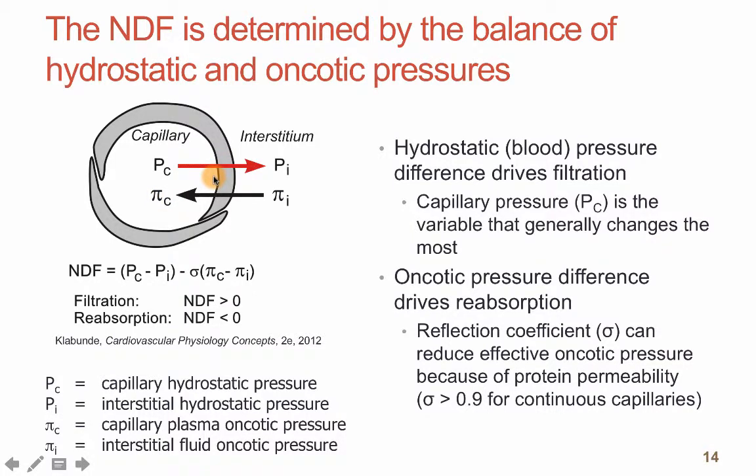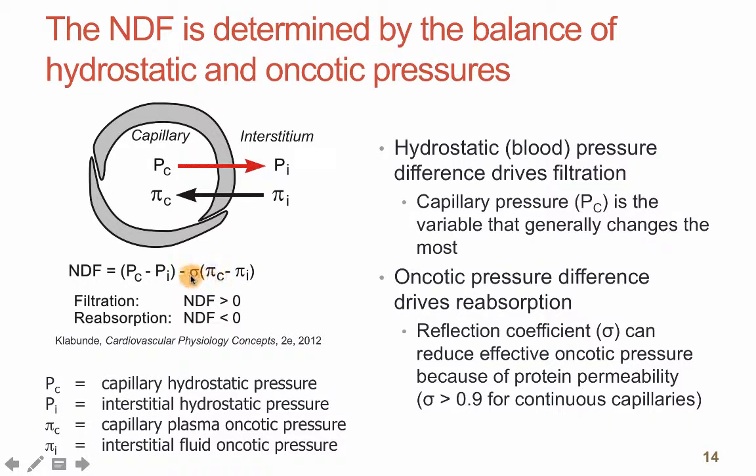So the net driving force for fluid movement across the capillary is very simply the difference between the hydrostatic gradient, P sub C minus P sub I, as shown here, minus the oncotic pressure gradient, which is pi sub C minus pi sub I. Now neglect the sigma just for a moment here, or just assume that it is 1. So the difference between hydrostatic pressure gradient and the osmotic or oncotic pressure gradient is the net driving force.